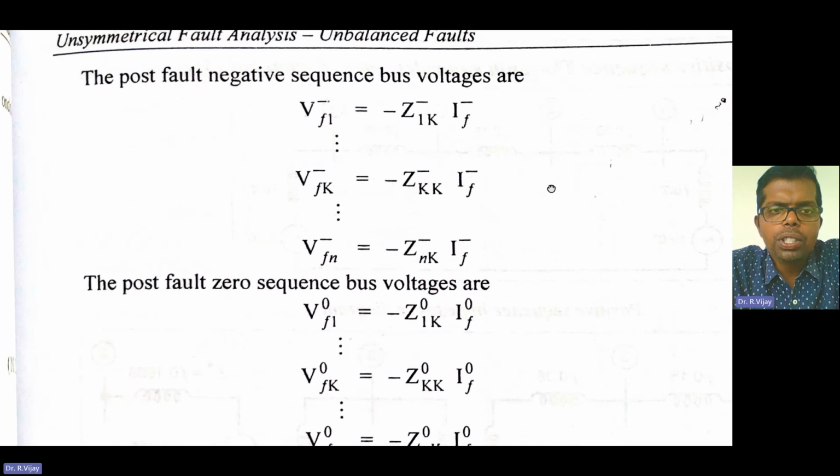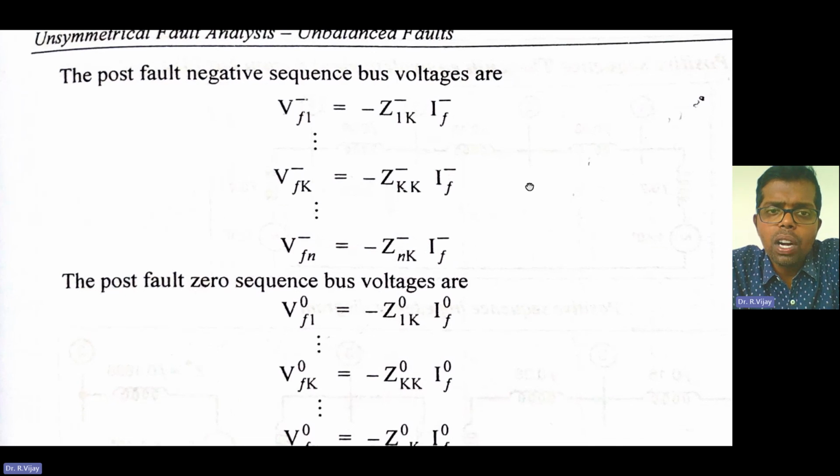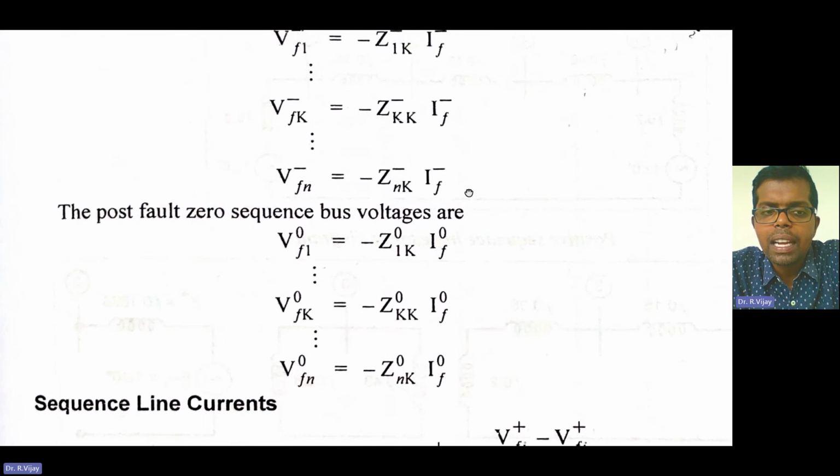Next, post-fault negative sequence bus voltages. Vf1 negative is equal to minus Z1K negative into If negative, up to VFK negative equal to minus ZKK negative into IF negative, from the kth bus up to the nth bus, VFN negative equal to minus ZNK negative into IF negative.